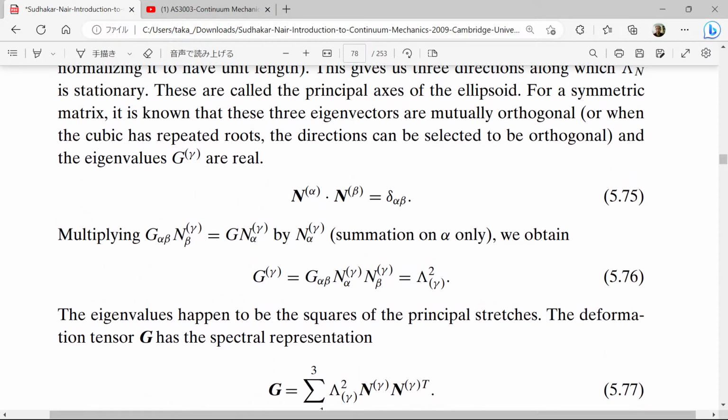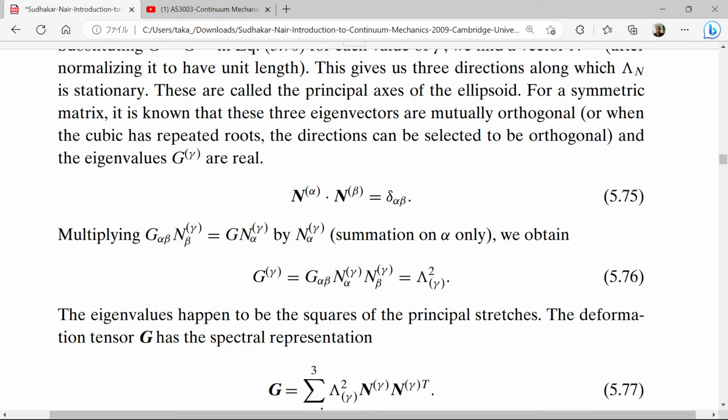Multiplying G alpha beta gamma equals G alpha gamma by n alpha, summation on alpha only. Maybe summation on beta only.